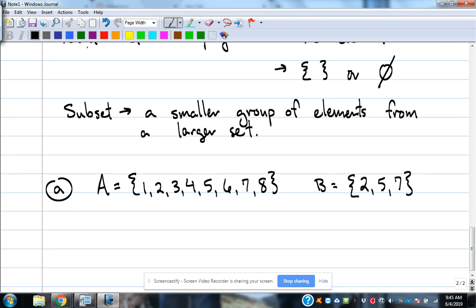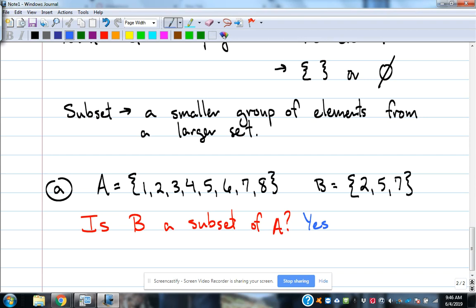And the question that we want to answer is, is B a subset of A? And to be a subset, everybody inside of the subset has to be in the larger set. So let's look at the elements in set B, 2, 5, and 7. Are 2, 5, and 7 in set A? Yes. So B is a subset of A. So the answer to that would be yes.